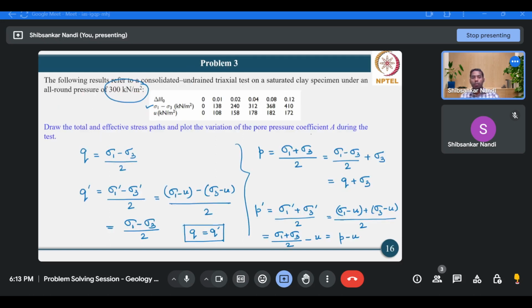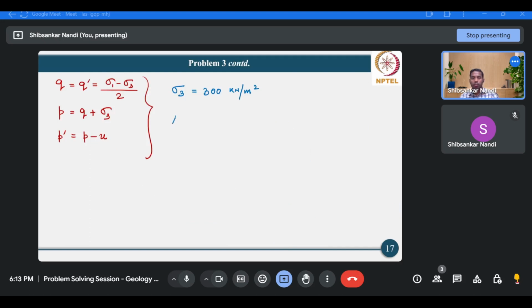However, to plot the variation of pore pressure coefficient A during the test, as you know, the pore pressure parameter B is delta u3 by delta sigma 3, and that is 1 for saturated soil, not exactly 1, close to 1.